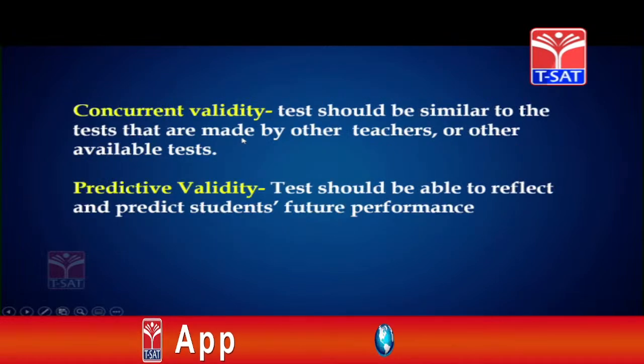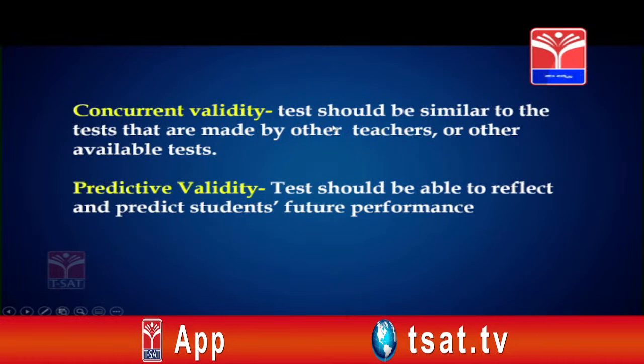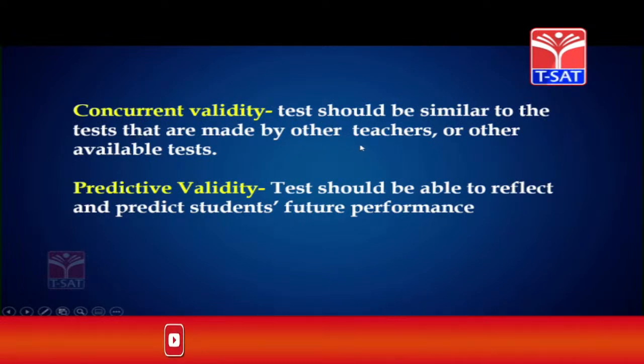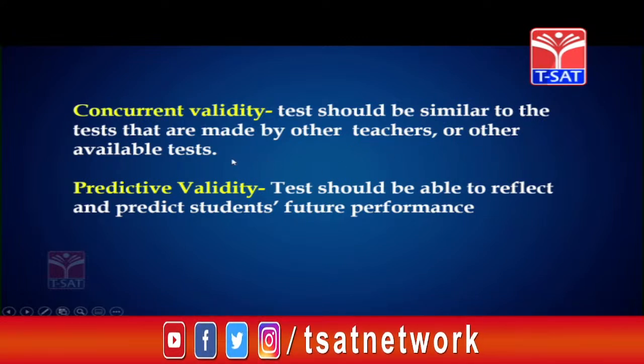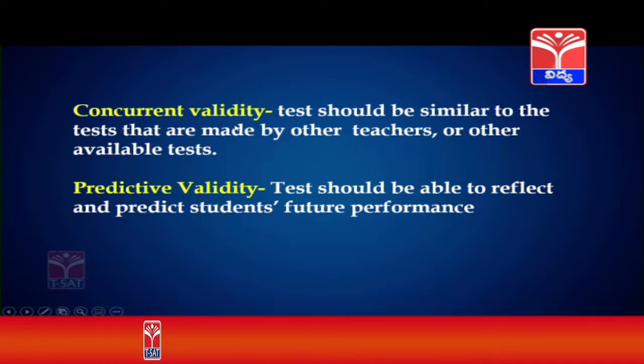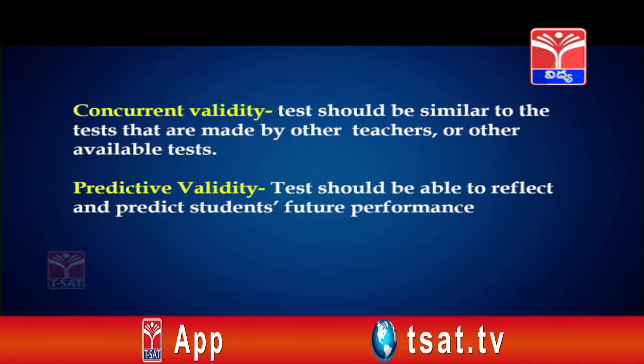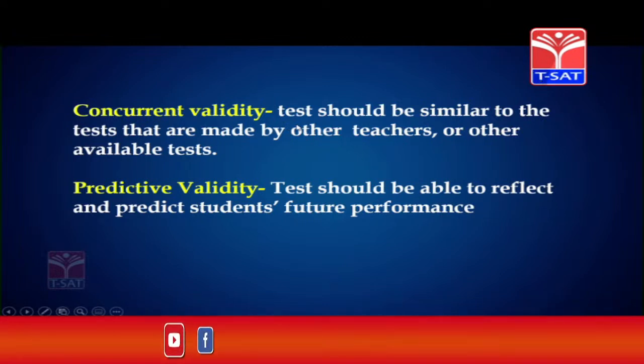And concurrent validity refers to the test being similar to the tests that are made by other teachers or that are administered previously or other available tests. So, this is concurrent validity. We cannot come out with a totally new format or totally new concepts in a test, and a test should be similar to the tests that have been administered before.